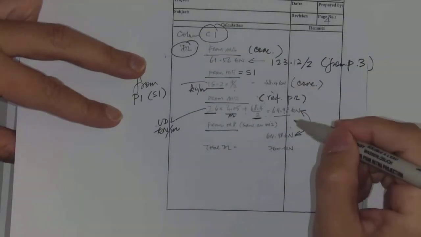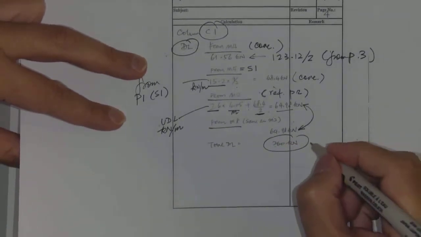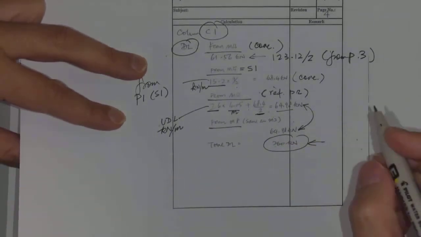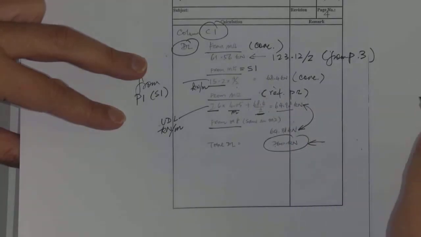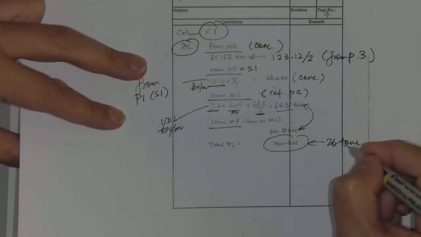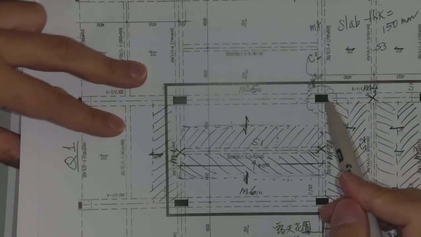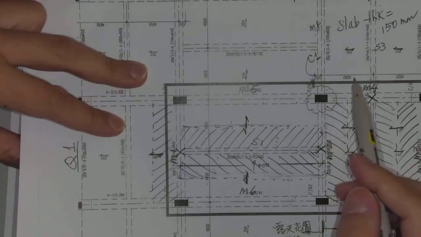So that's why you can add all these together. 260 kilonewton, that's the dead load that this column is supporting for this floor. 即係大概 26 噸左右。十鬆啲架私家車嘅重量。That's what C1, this column, is supporting in terms of dead load for this floor.